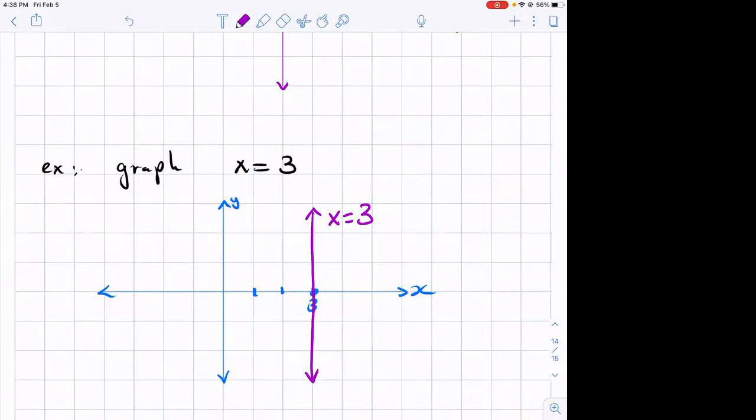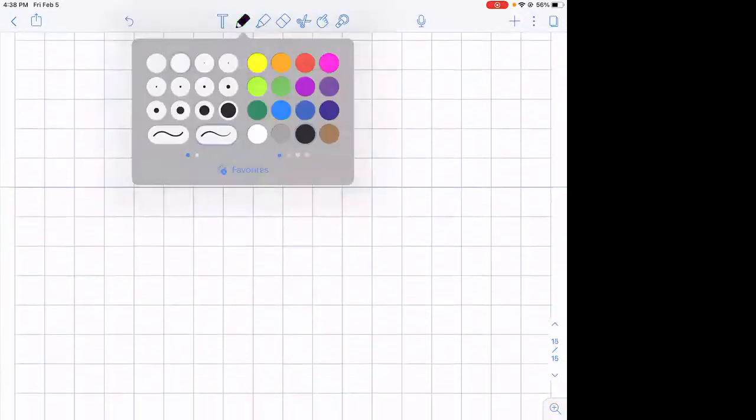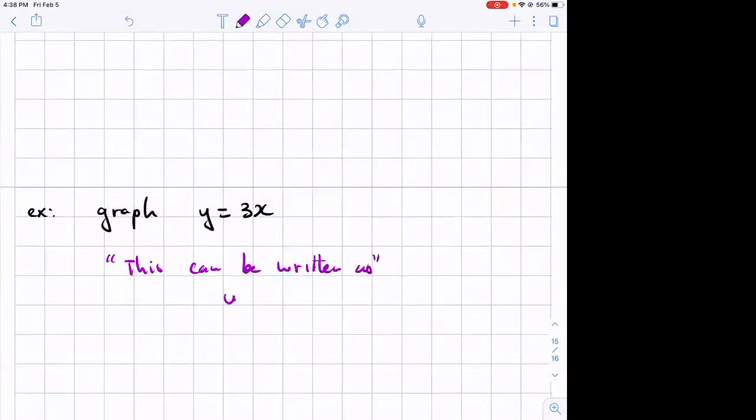Another one that may look odd, but it's not, is if I ask you to graph y equals 3x. So you're probably asking, well, where is the y-intercept? Well, keep in mind, this can be written as y equals 3x plus 0.